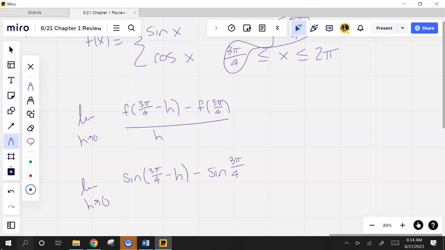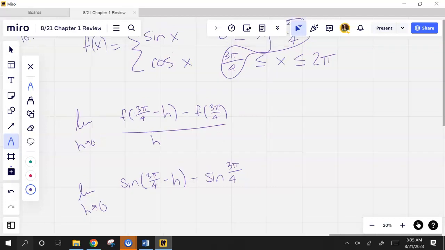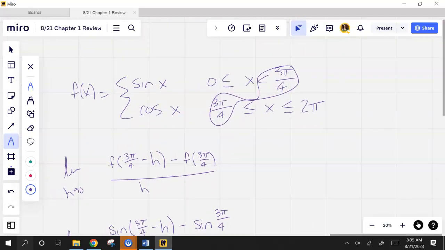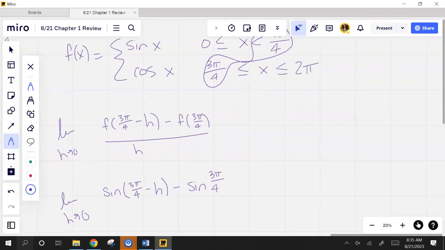What'd you do? Did I? Oh, because once we pull in here, I didn't want you to have to use the. Oh, I see now. Yeah. Because the sine of 3π/4 is what?